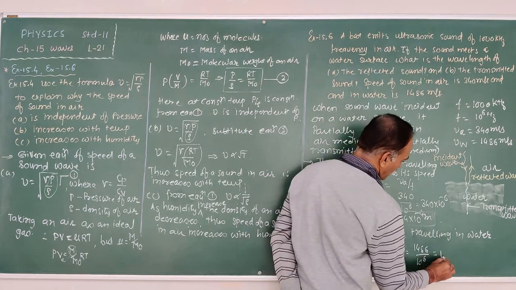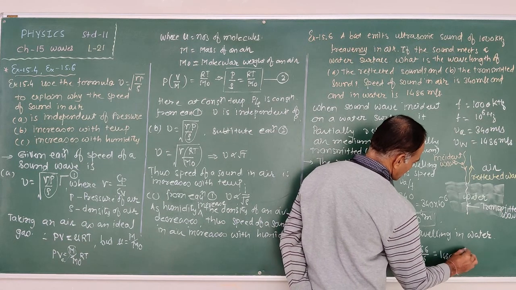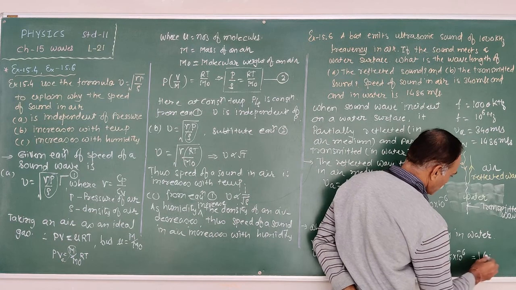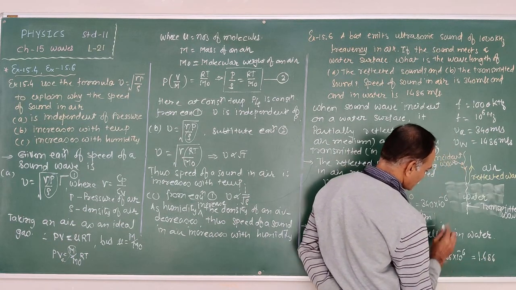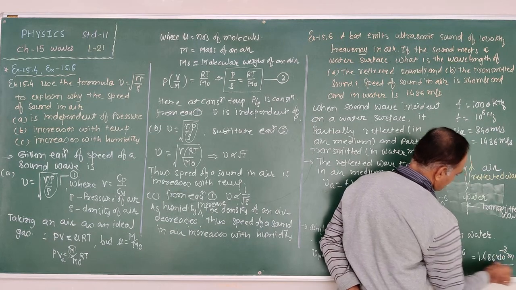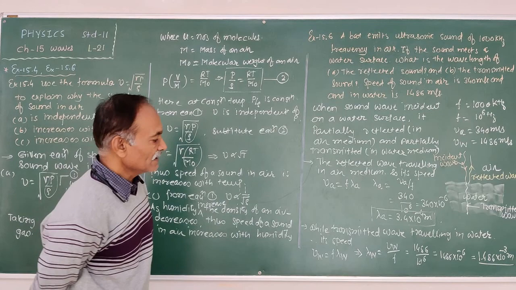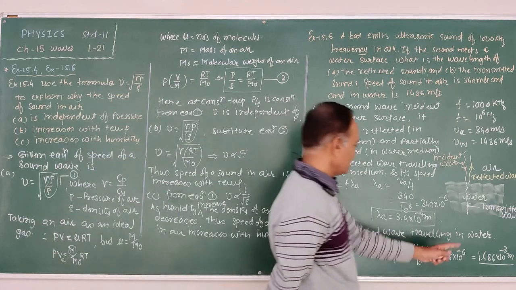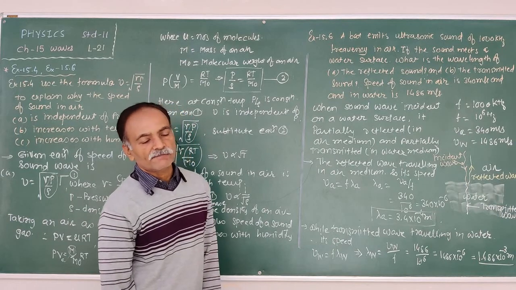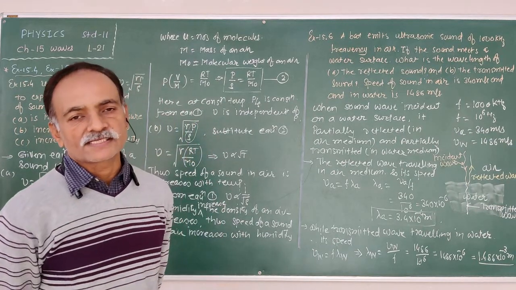Therefore, 1486 into 10^-6 is equal to 1.486 into 10^-3 meter. That is the wavelength of the transmitted wave. So very easy, we only have to apply the equation speed is equal to wavelength into frequency.